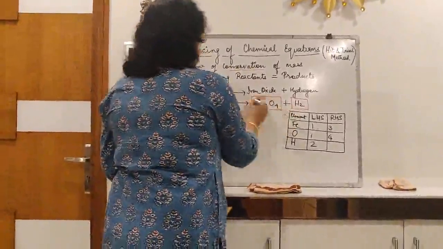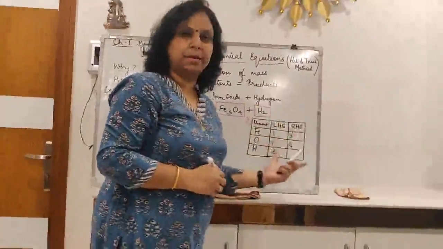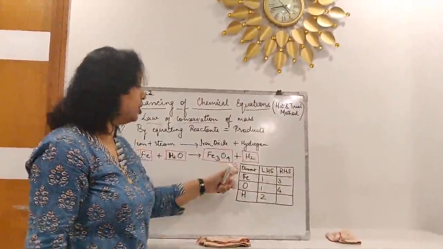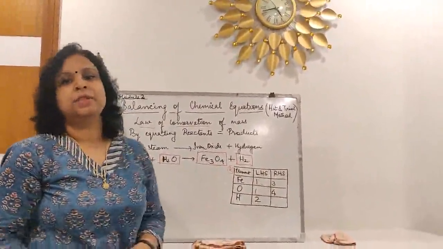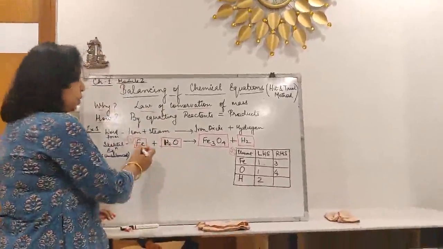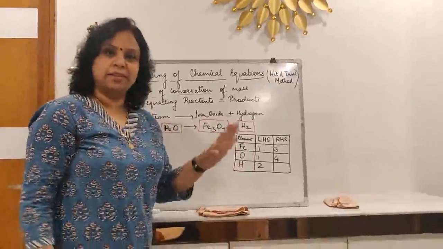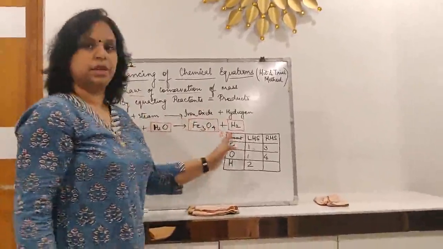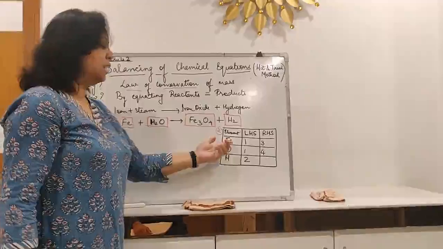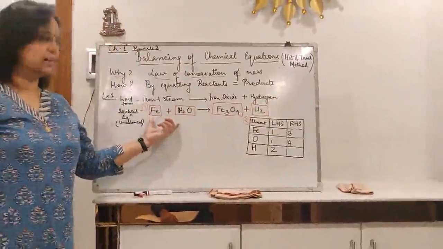Now step number 2. This is step 1. Step 2, what do we do? We make a small table in which on the extreme left side we mention all the elements that are involved in a chemical equation. In this particular equation we have Fe, we have O and we have H. Do we have any other element? No. Okay. On the first column we write the number of these elements which are there on the left hand side.